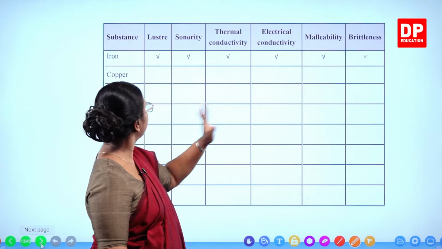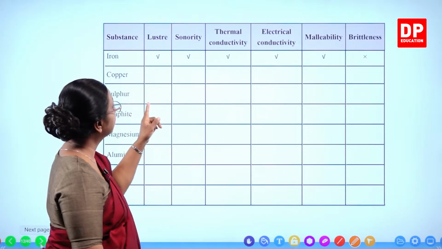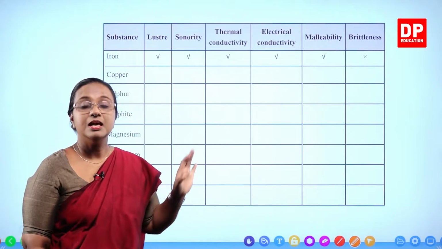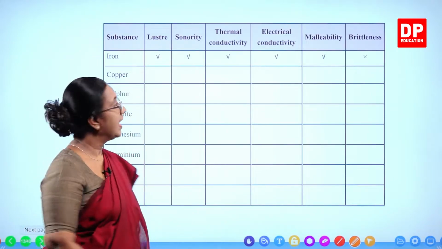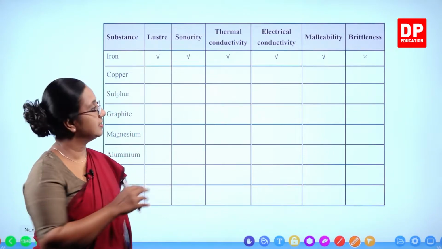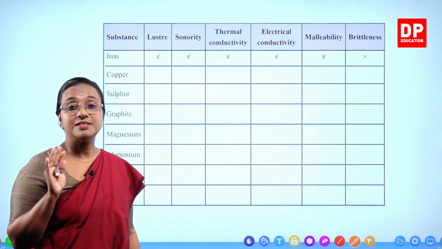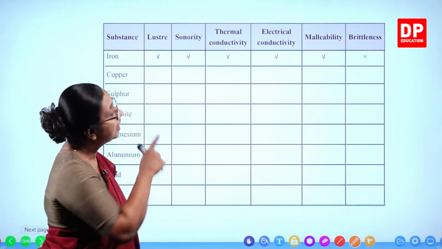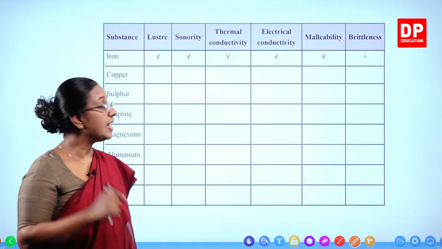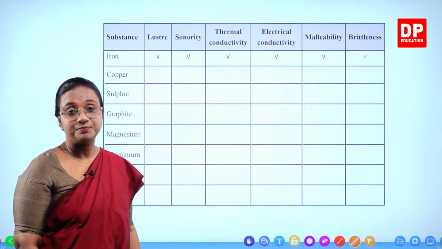So iron shows luster, sonority, thermal conductivity, electrical conductivity and malleability. Brittleness is not there. The first few properties, except brittleness, are usually shown by metals. Brittleness is for non-metals. So from that you will be able to understand iron is a metal.